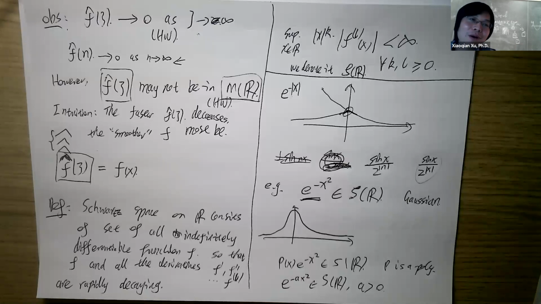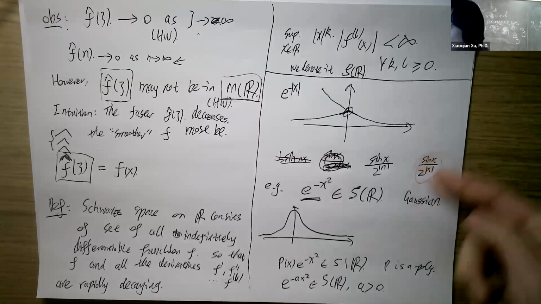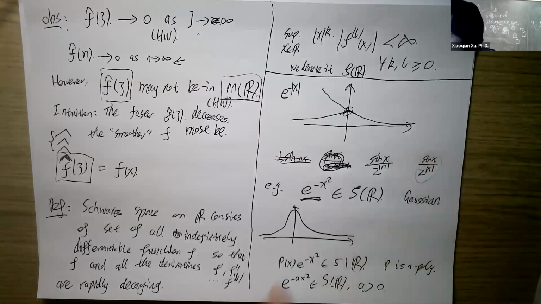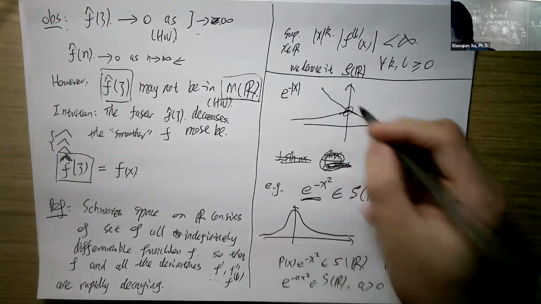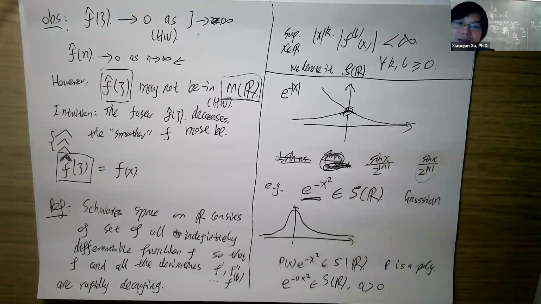If we want to find some non-trivial functions in this space, it must somehow look like this. At least on the graph, it should look like this, right? It will decay exponentially and have something not so bad at the origin, right?